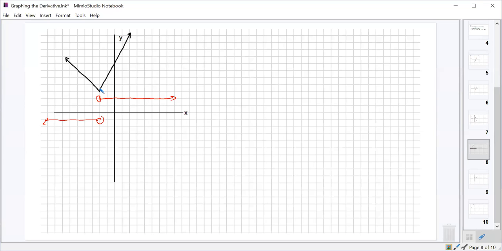And if you have a discontinuity on the original graph, also not necessarily. So if it's a corner or a cusp, it will always be a jump discontinuity. But if it's a vertical tangent line or a discontinuity on the original graph, then not necessarily.